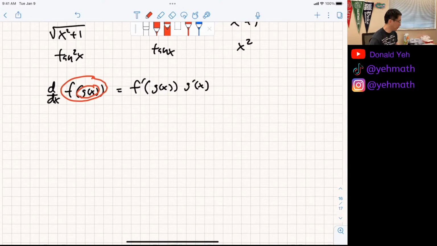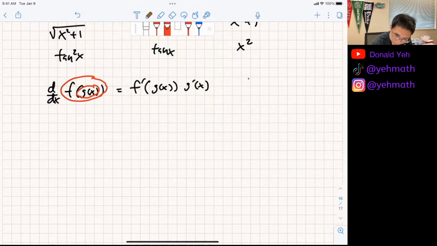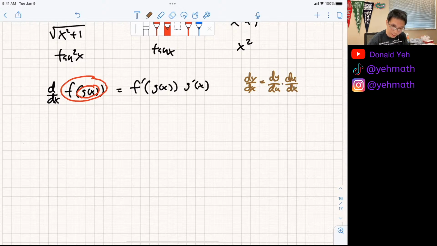Now the book has an implicit definition of the chain rule, which I don't often use, but it looks something like dy/dx equals dy/du times du/dx. That's the two things multiplied by each other.